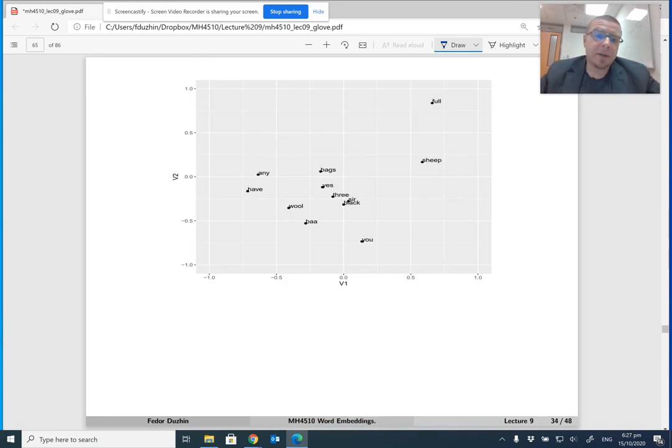And this is how I can plot it. If I only have two-dimensional vectors, then I can just plot them and look at them. Again, for a small corpus, it doesn't really make a lot of sense. It's just some way how you can visualize it.